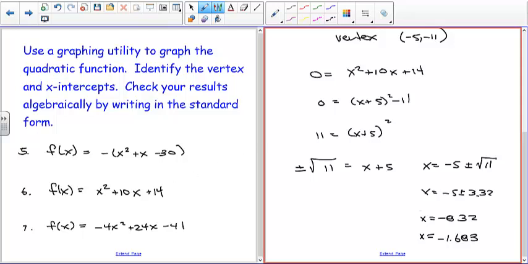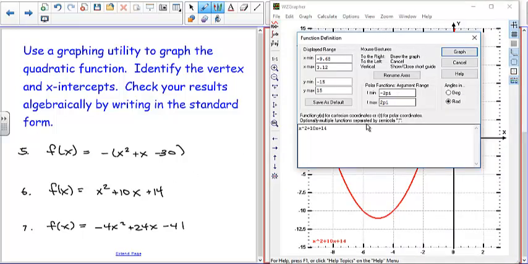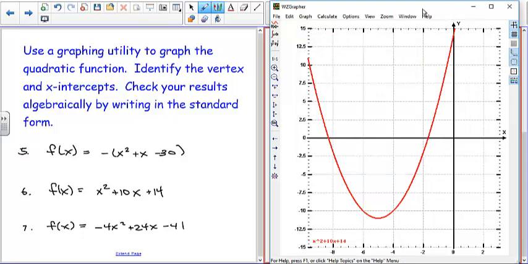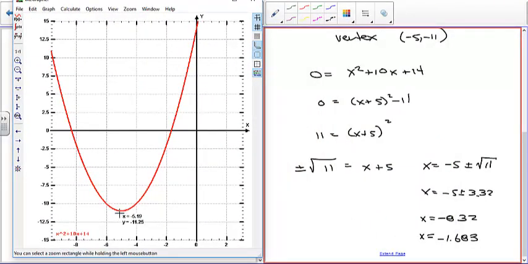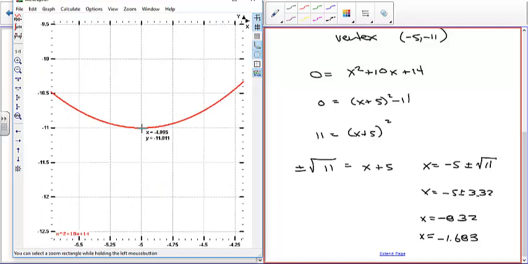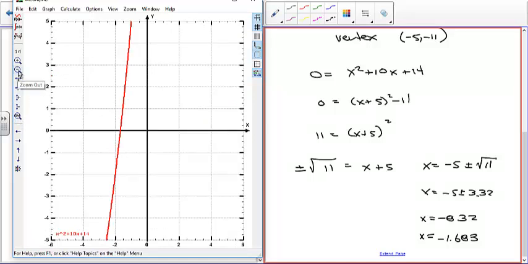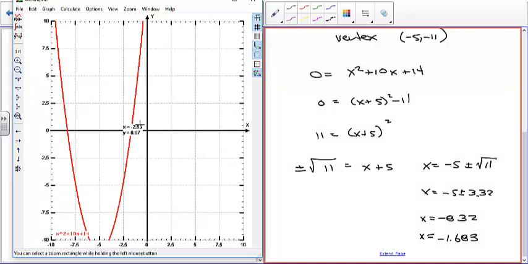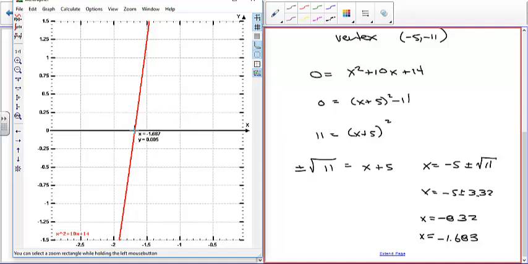Okay, so let's pull my graph out that we just did. I've already graphed that. Let's pull that over here. So you can see the vertex, it's at negative 5 x, negative 11 y. So that's good. Okay, I'm going to zoom out again here. The x-intercepts, let's just zoom in on that one. Negative 1.687. There you go.